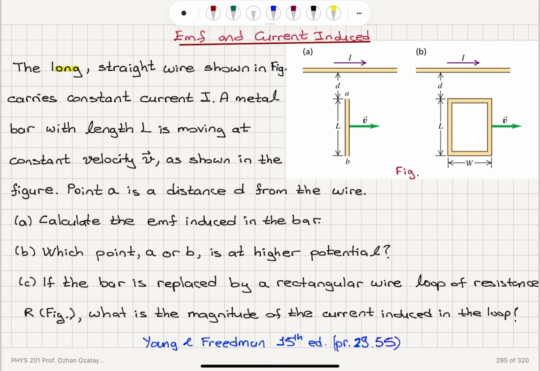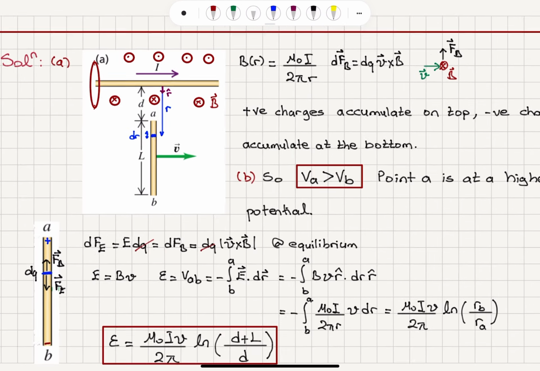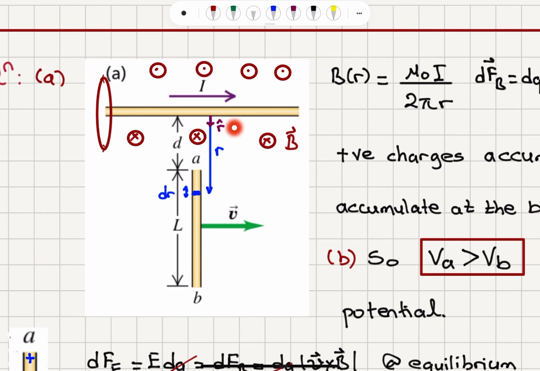Okay, so we looked at the EMF and current induced in a straight bar and also a rectangular loop. When they are at a distance d, the closest distance between them is d with respect to this long wire. Since it's a long wire, I'm assuming it's infinite. First, I was asked to calculate the EMF induced in the bar. So what I did was look at the direction of the magnetic field and the force a charge element would feel in this straight bar.